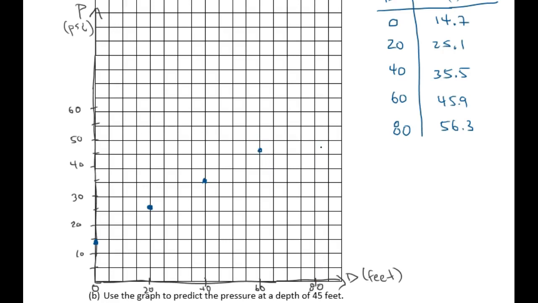And then 80 is 56.3. So again, you see we're creating this linear model between my values.